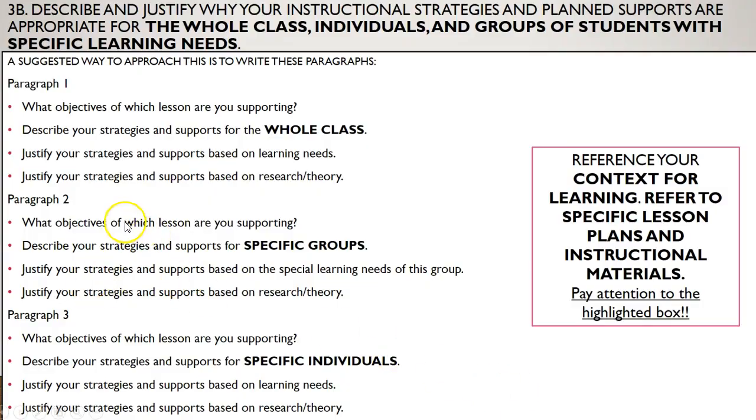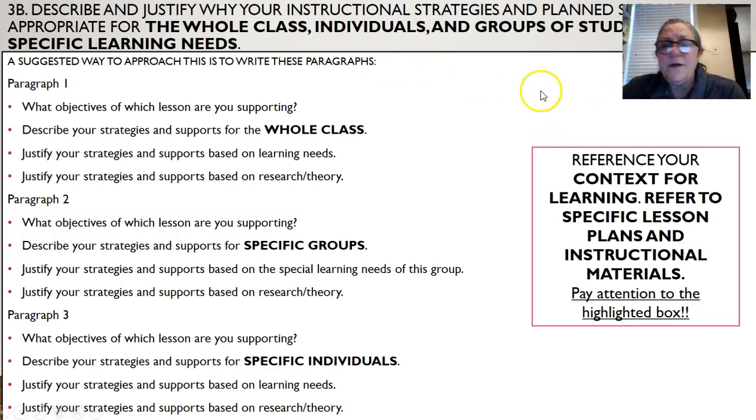So describe through 3B is where you describe and justify your instructional strategies and plan supports that are appropriate for the whole class, individuals, groups, and students with specific learning needs. So in this one, what you want to do is start talking about where you added in your supports.